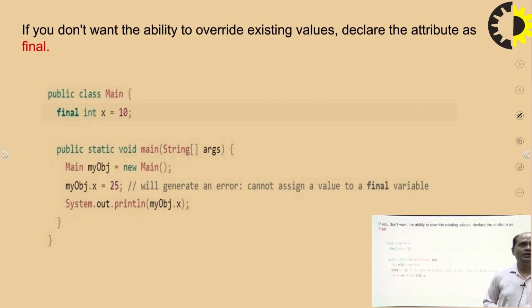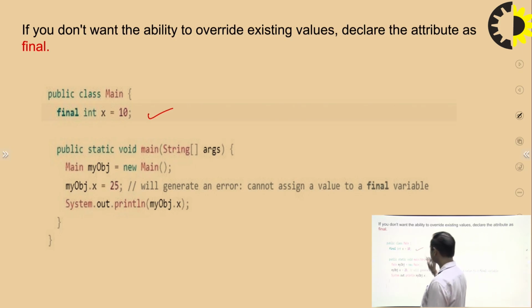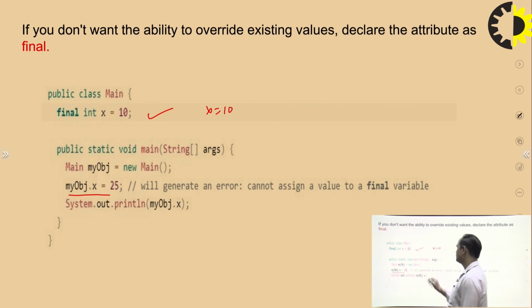If we do not want the ability to override the existing value, then declare the attribute as final. You can use the final keyword, then we cannot override that particular value. Suppose we have x equal to 10, and after that we use myObj.x equal to 25, trying to replace the value of 10 by 25.